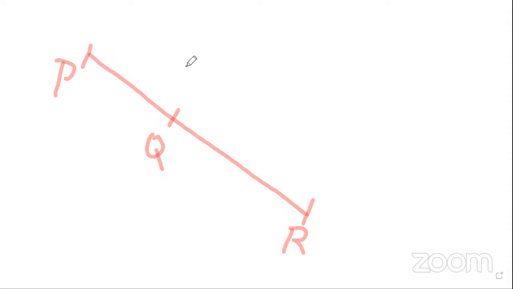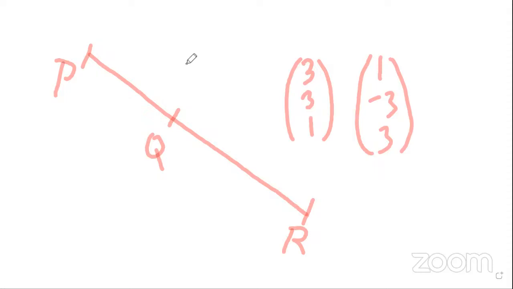So we take Q. Q is 3, 3, 1. I hope my screen is visible. Then we take P. P is 1, negative 3, 3. You get the difference, you're going to get the vector PQ.